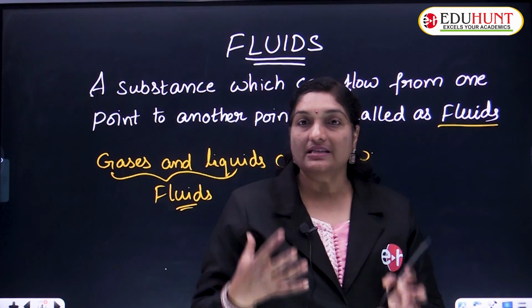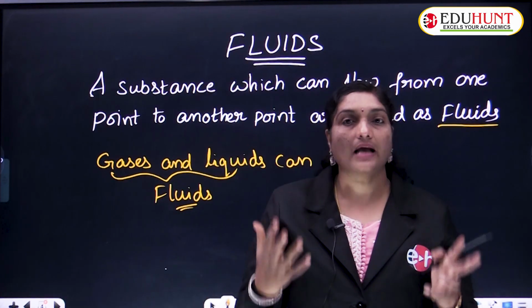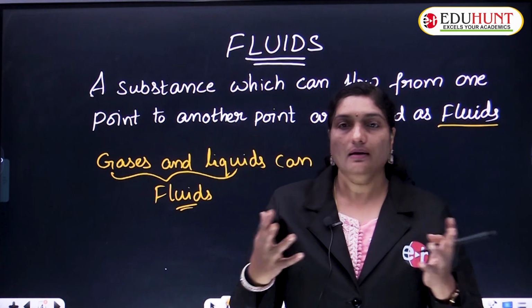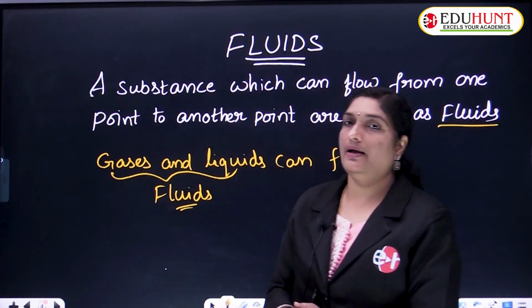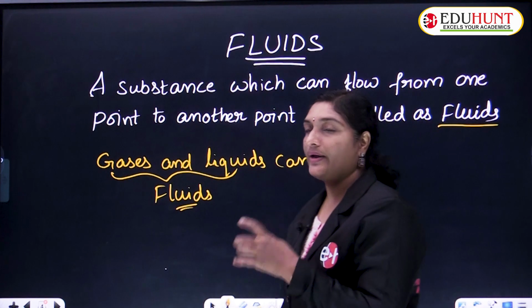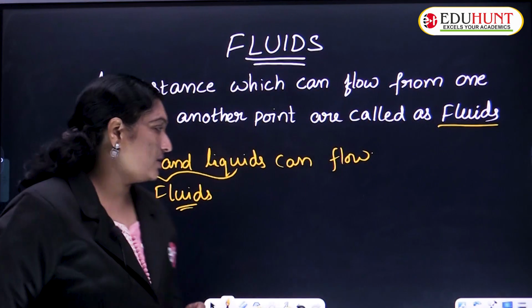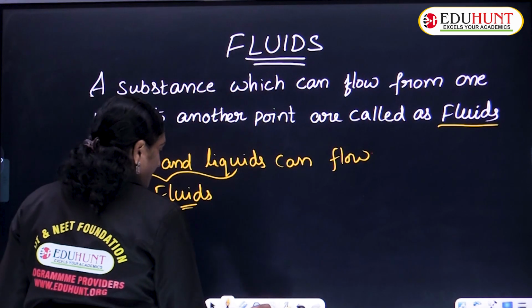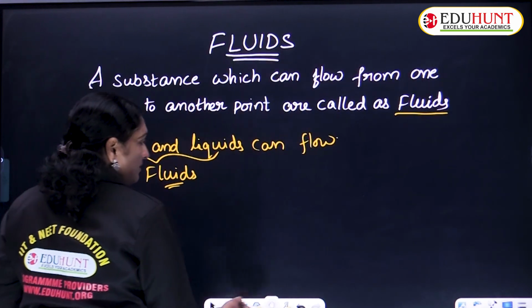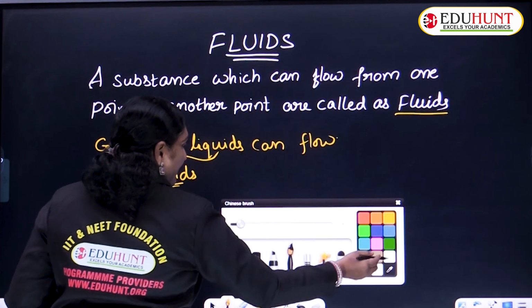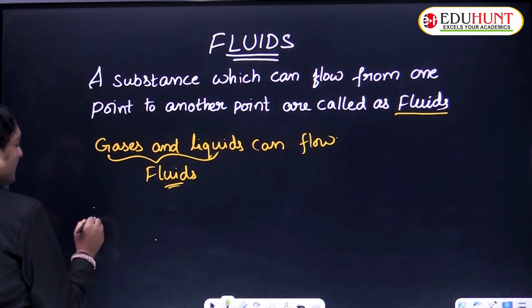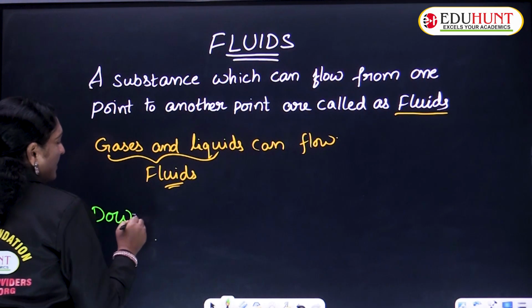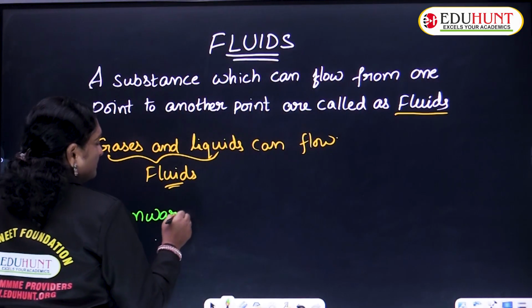These fluids exert some pressure. In which direction does a fluid exert pressure? These fluids can exert pressure in different directions. Pressure in the downward direction is called downward pressure.